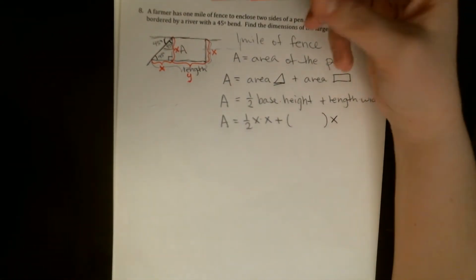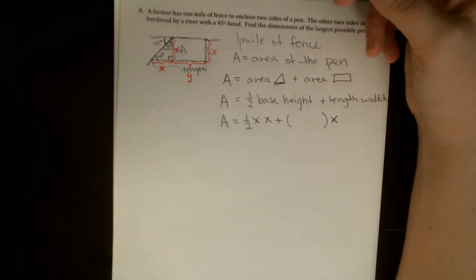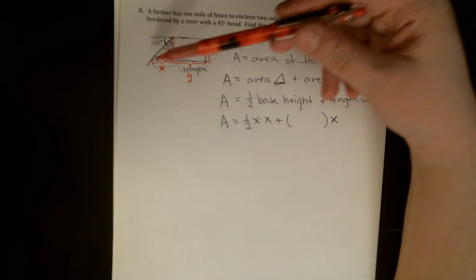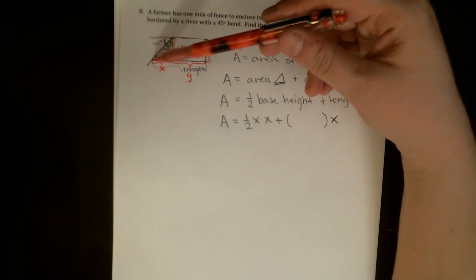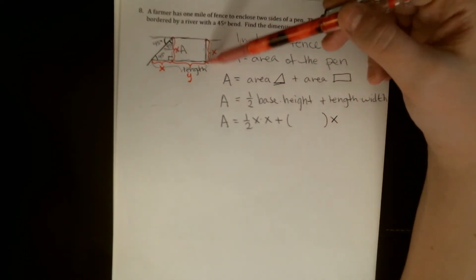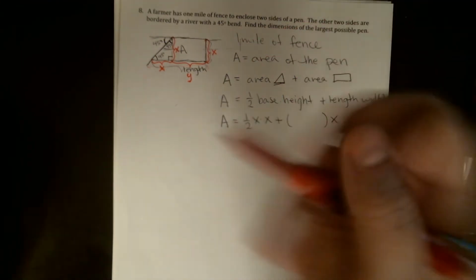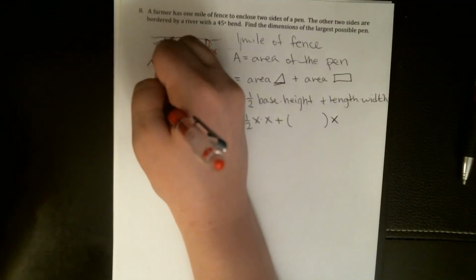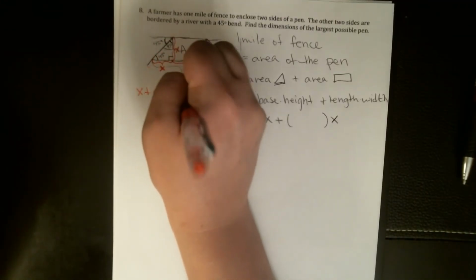So the thing that's forcing a decision on me is the fact that I have 1 mile of fence. So if I go all the way along the bottom and then all the way up to the river, that has to total 1 mile of fencing, which means an x plus a y plus an x has to add up to 1.